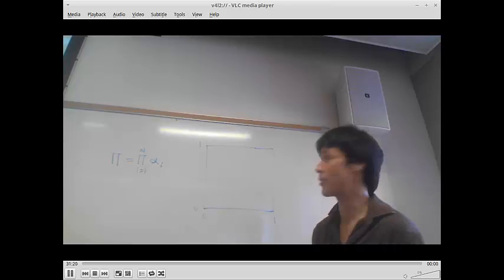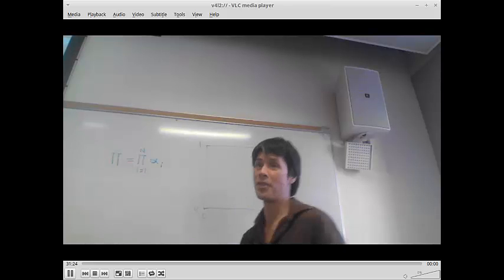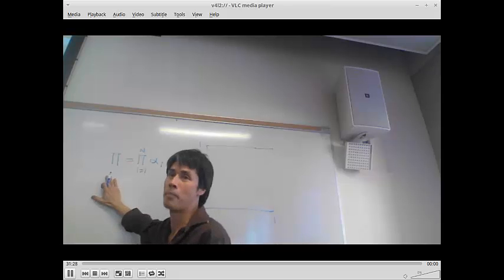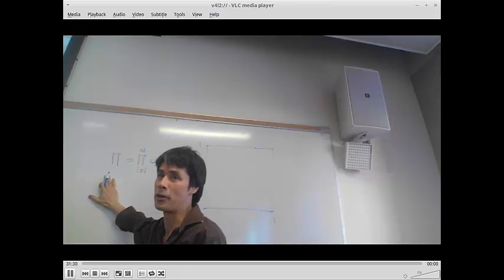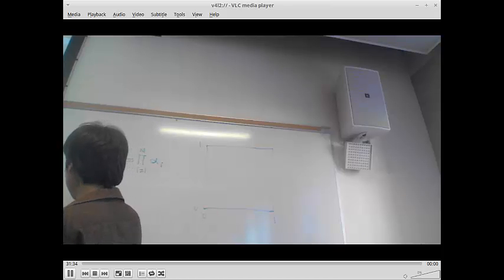Since the alpha sub i are observable, pi is also observable. So now we can ask the question: as a p-value, what is really the p-value for pi?